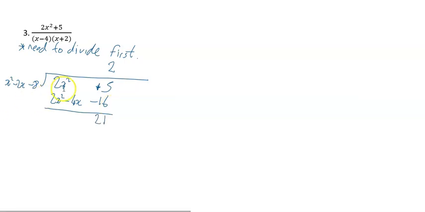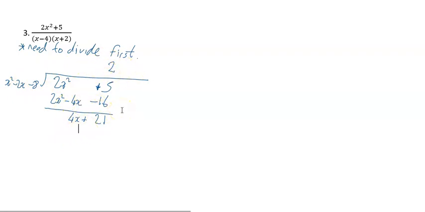And then here you've got 0 minus 4x, so 0 plus 4x, which is just going to be 4x. So that's what you have. Okay, so this means x squared minus 2x minus 8 goes in 2 whole times with this left over.